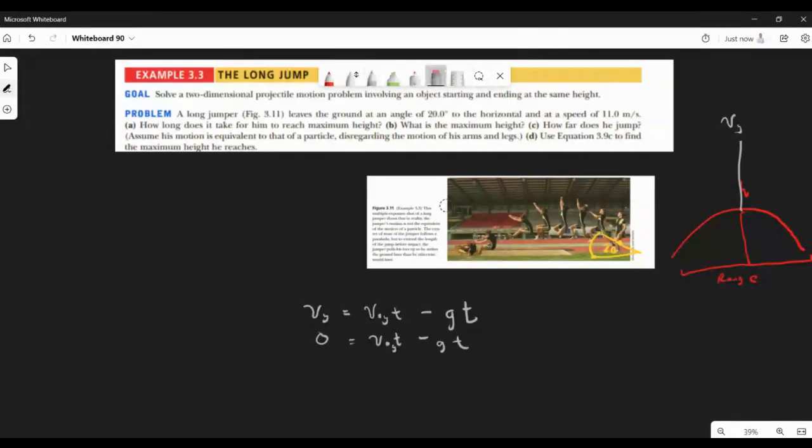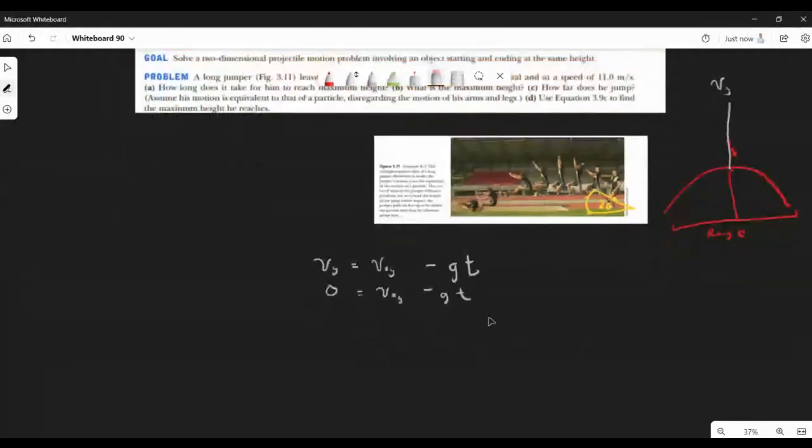So we're left with Voy equals gt, sorry, I was confusing the two over there. We also know that Voy equals Vo sine theta, and Vox is Vo cos theta.